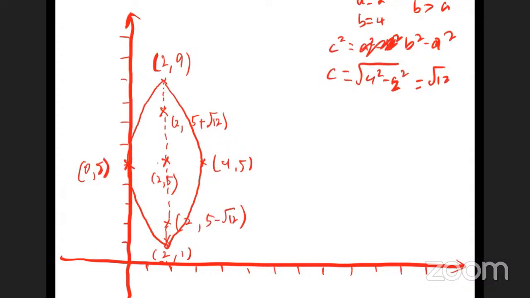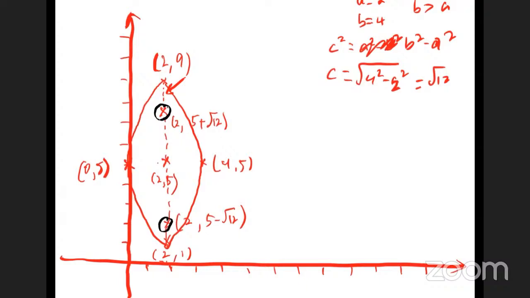For this one, the major axis is the y-axis. The major axis is here. So the foci, I'll write in black. The foci is here and here.